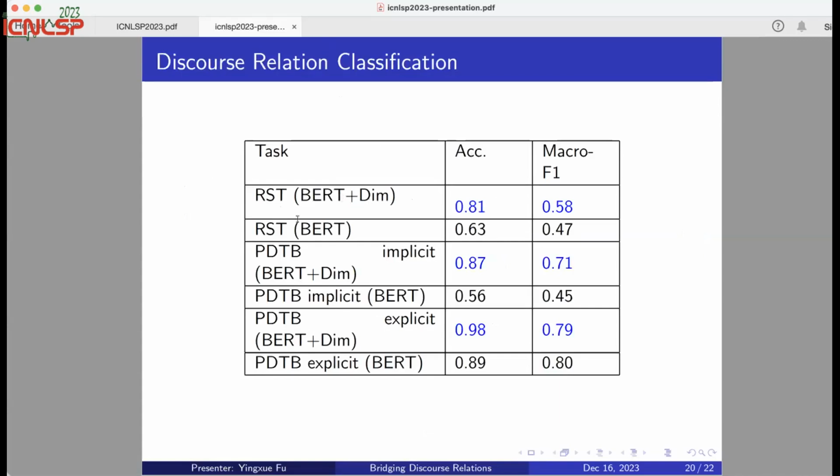As we can see, if we add dimensions to the input, the accuracy can be improved significantly, especially in terms of F1. We can see a big improvement. This shows the effectiveness of those unity dimensions. PDTB implicit relation classification is a very challenging task, and we can see this very high value.